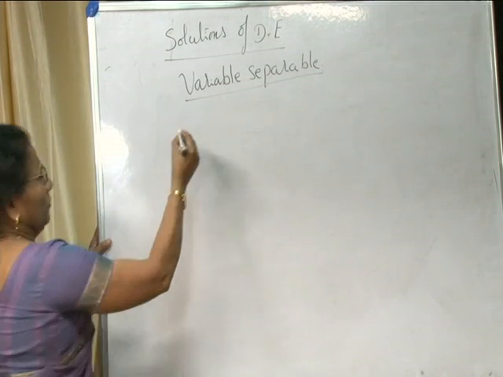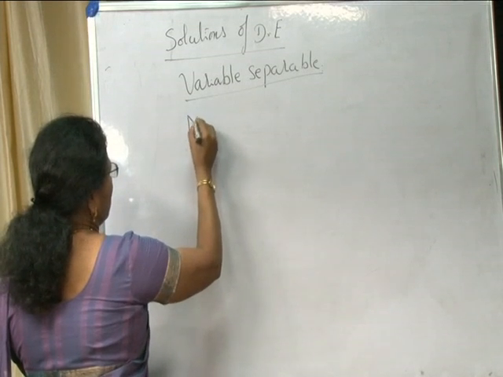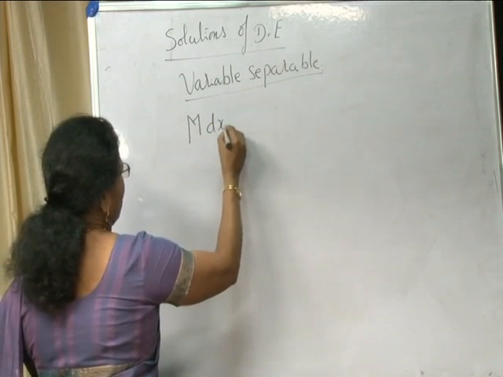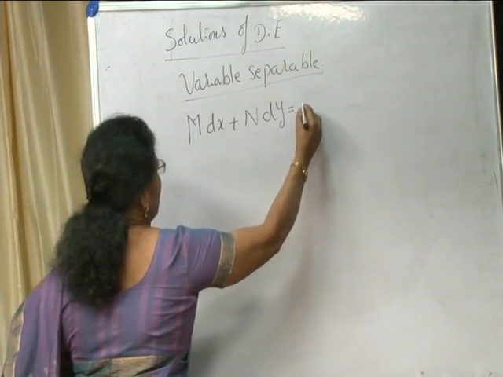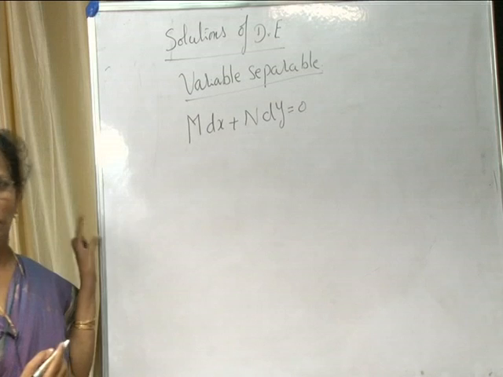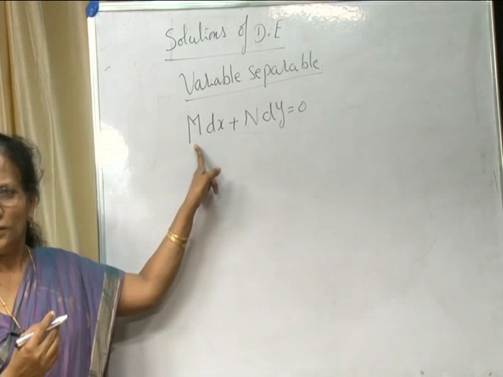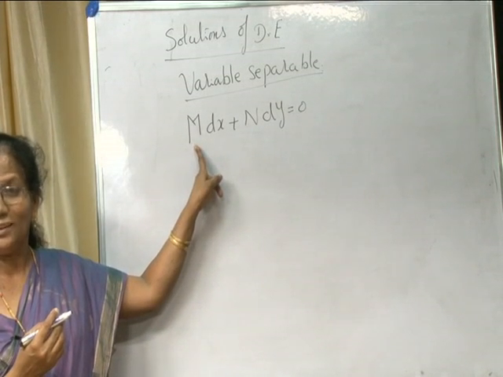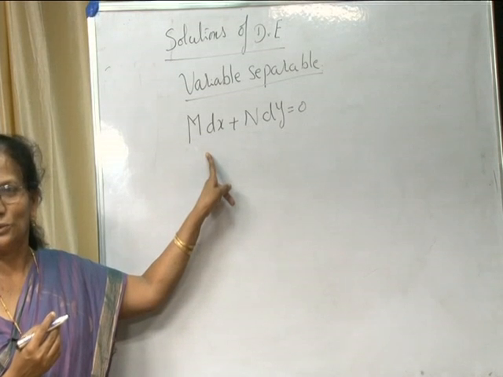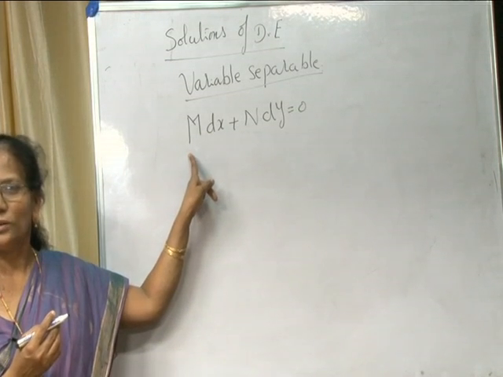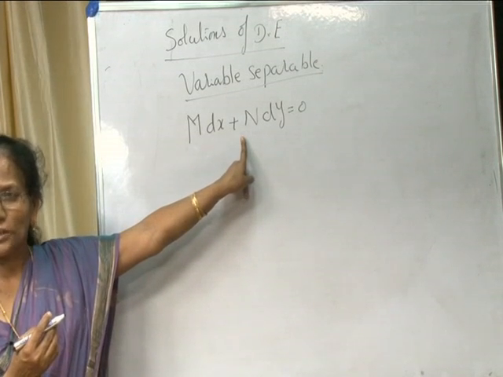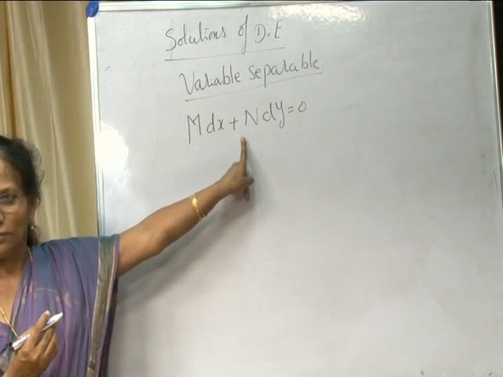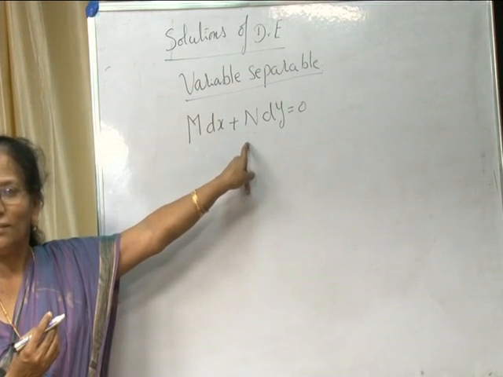So in the simple way, m dx plus n dy is equal to 0, where the terms which are present in m, all x terms, are functions of x. The terms which are connected with y are present in n.